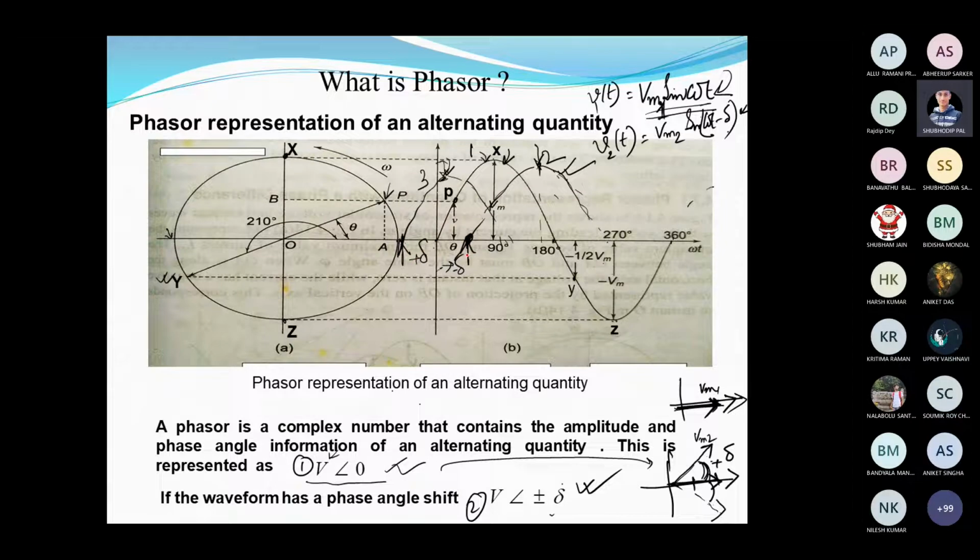In the last class also I told you that any sinusoidal quantity has an amplitude like this.